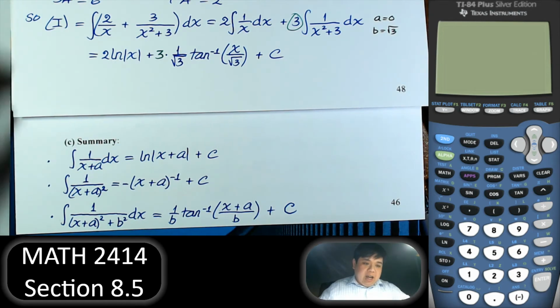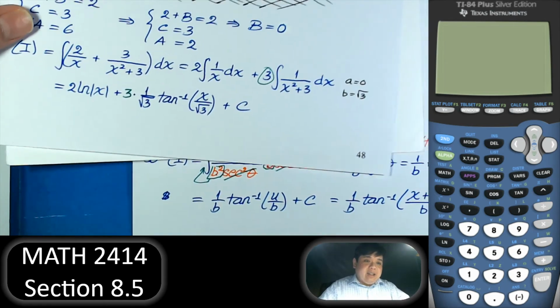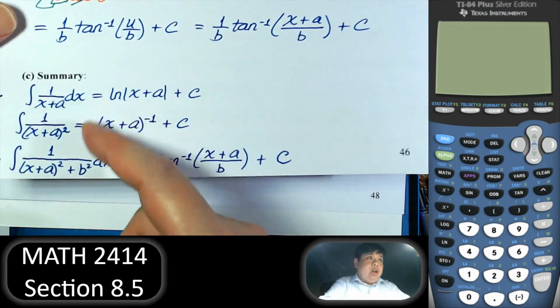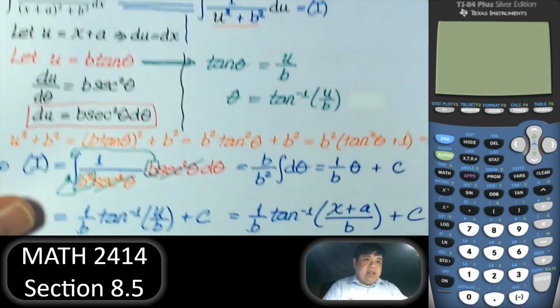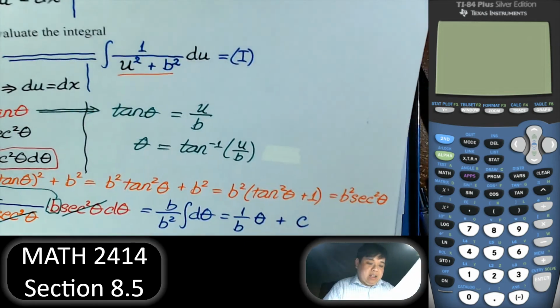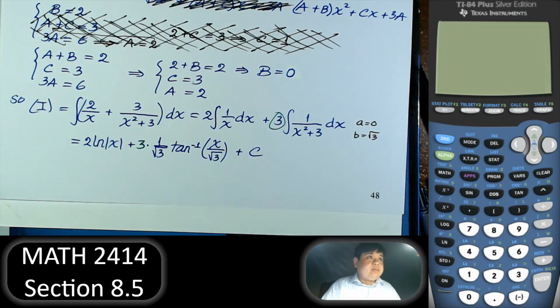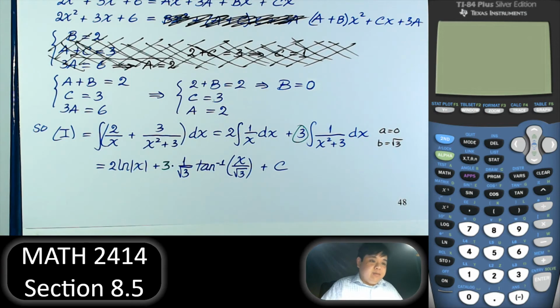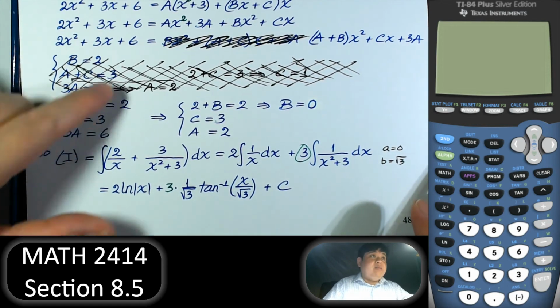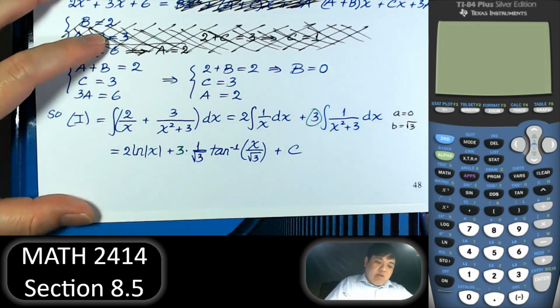So it's not that bad. Like I said, when you do this problem, make sure you have those formulas handy so you can just refer back to them, and we don't have to do that every single time. Once again, be extra careful with the partial fraction.